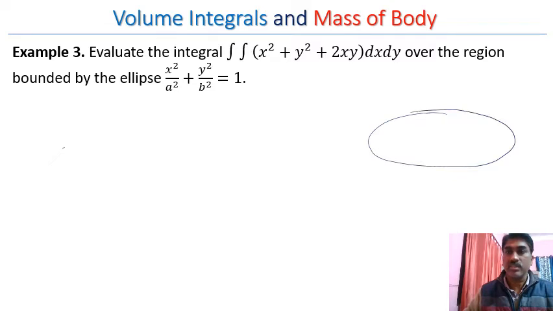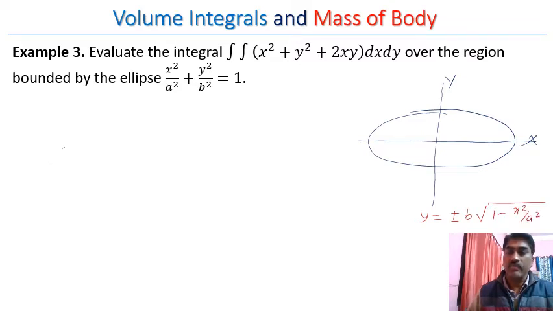If this is the ellipse and this is the major axis, this is the x-axis and this is the y-axis, so the formula of the ellipse is x square by a square plus y square by b square is equal to 1. So we will get the values of y as plus minus b times square root of 1 minus x square by a square.